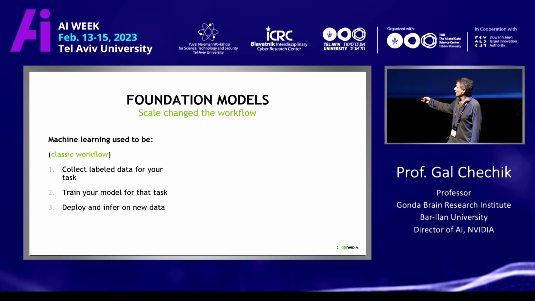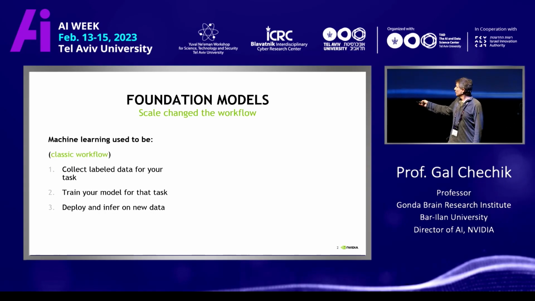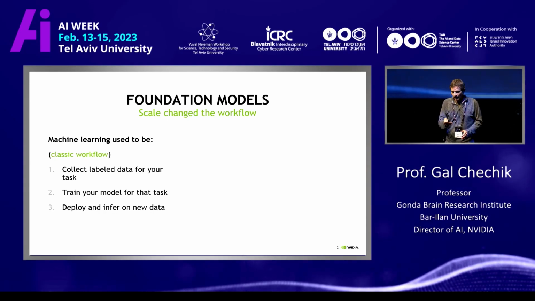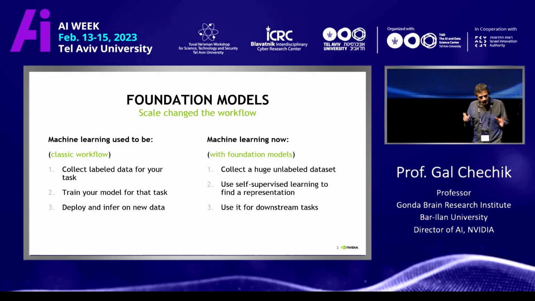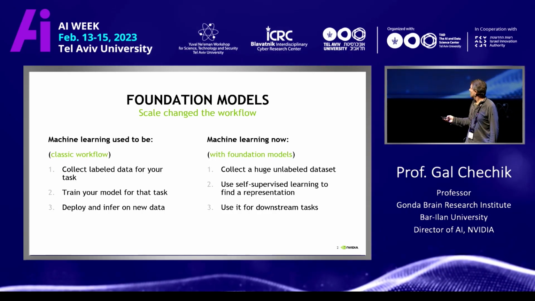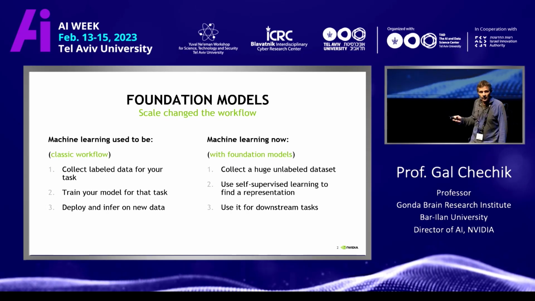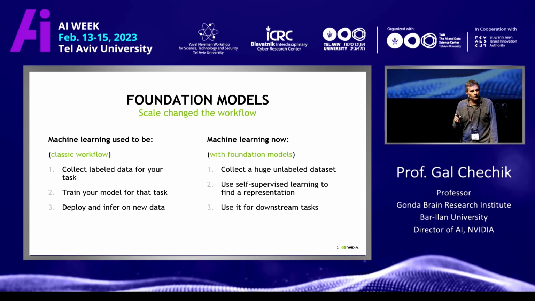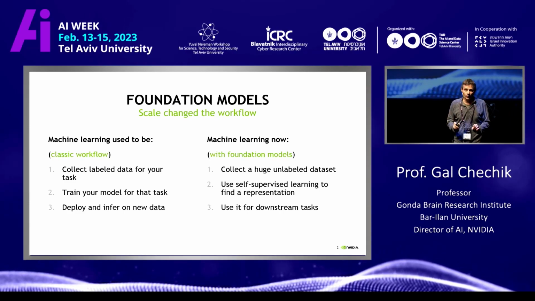Then you train your model for that specific task with your labeled data, and then you deploy and infer on that data. And this recently changed, and the existing workflow is a lot about using what they now call foundation models. In foundation models, you start with collecting a huge data set that is unlabeled.